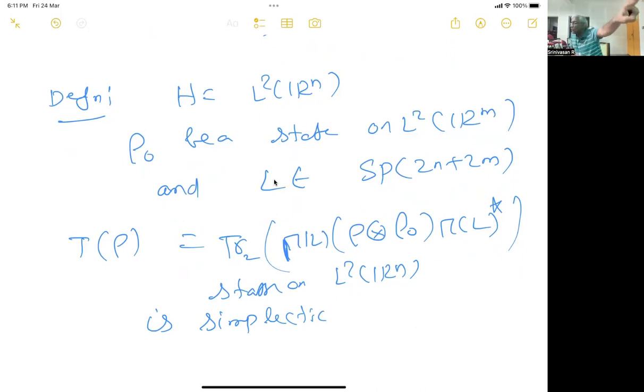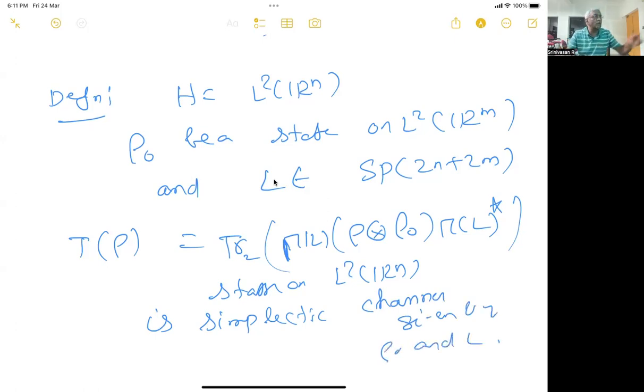Rho going to rho tensor rho naught is completely positive. Conjugation with gamma L is unitary: L is symplectic, gamma L is the second quantization, it's a unitary. So conjugating with gamma L, add gamma L, is completely positive, then the partial trace is completely positive, and the whole thing is completely positive. This is what is called a symplectic channel given by rho naught and L.